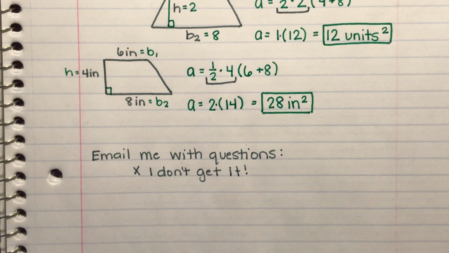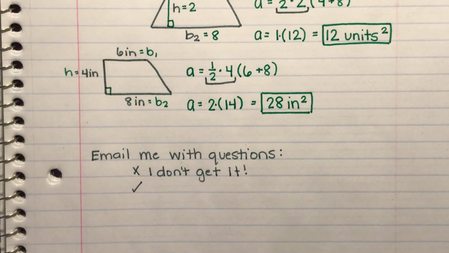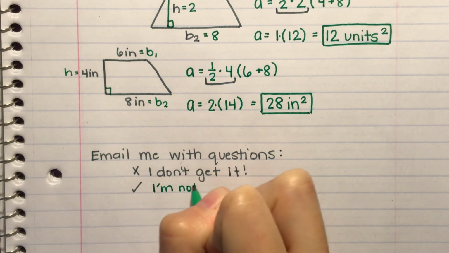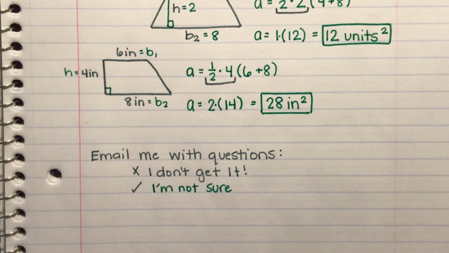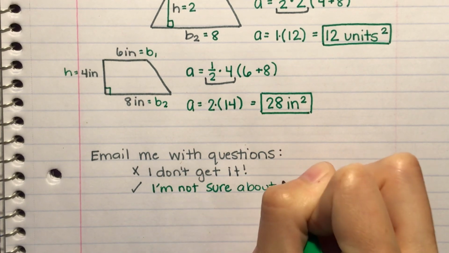I can't help you there. But a good way to email me would be to say, I'm not sure how to do number 5. Or maybe you tried it and you put your answer into the Google form and you got a different answer and you're like, I'm not sure how you got that. So maybe you say like, I'm not sure about number 5.